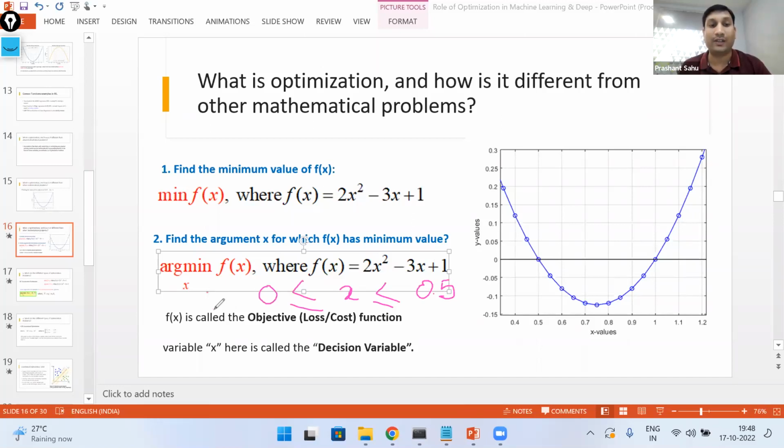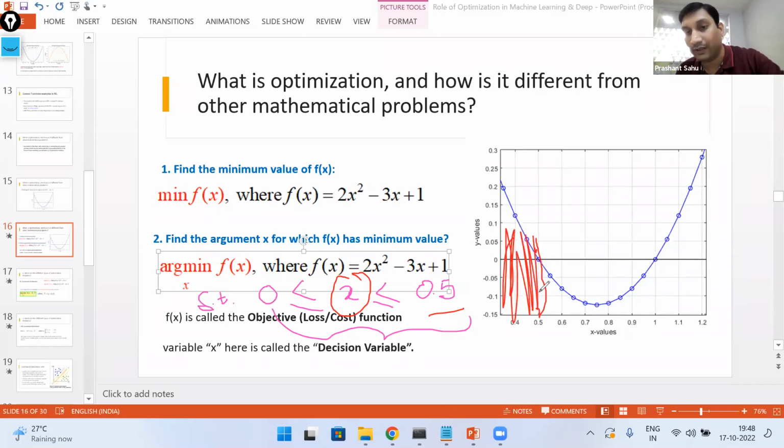So this is your constraint. Now, as per this constraint, your optimal value of x cannot exceed 0.5. You see, in this case, the feasible region is this. This is the feasible region.